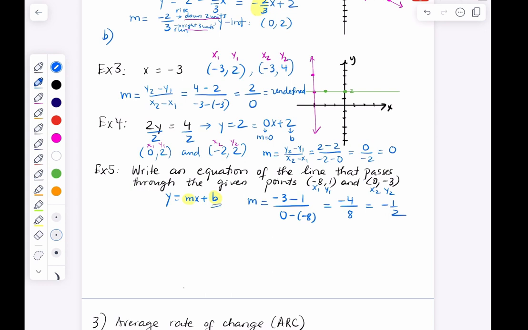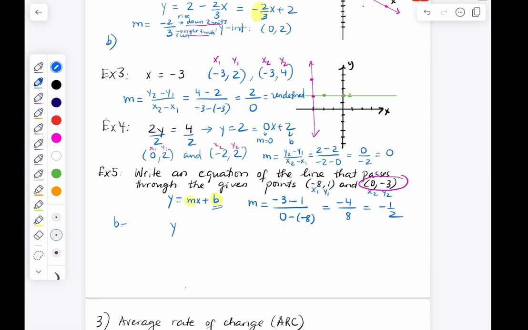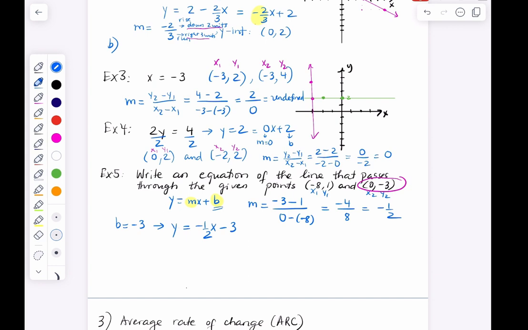Now to find b, you need to use one of the 2 points given. Maybe some of you recognize that this right here is the y-intercept because it has x equals 0. So then the answer should be quickly determined since b is going to be -3. So y is equal to -1/2, which is the m we just found, x, then -3.